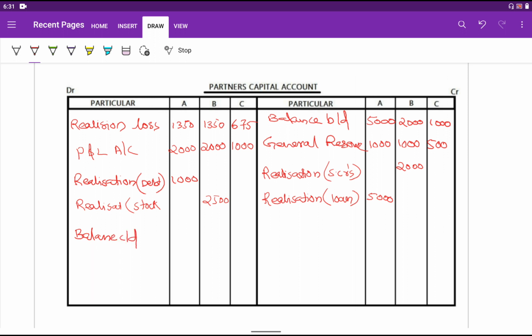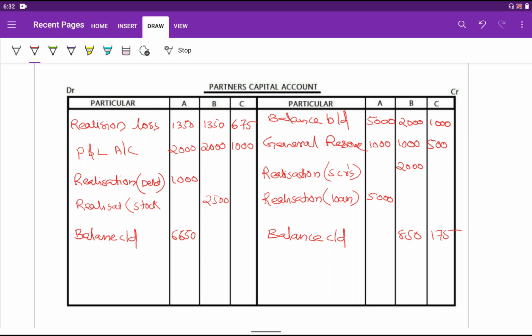For A, it is 11,000 minus 4,385, so we are getting 6,615 on the debit side. But for B and C, we are getting the balance on the credit side, because the debit side is smaller. For B it is 815, and for C it is 175.